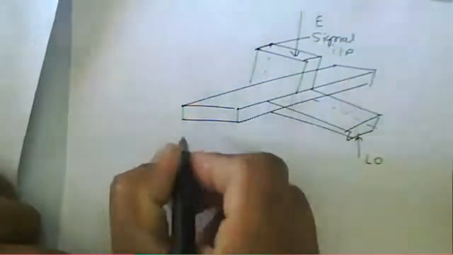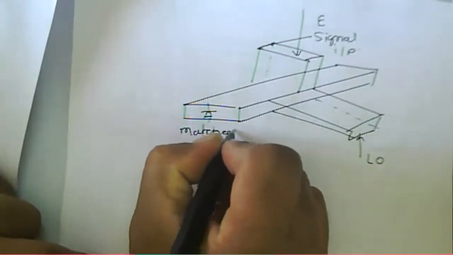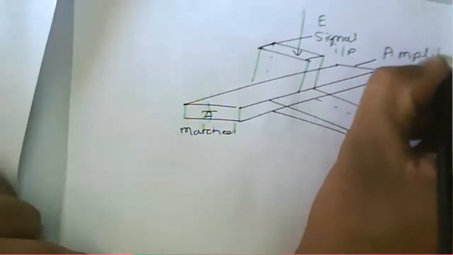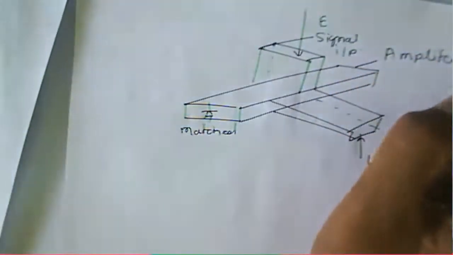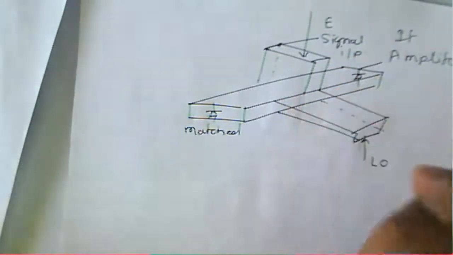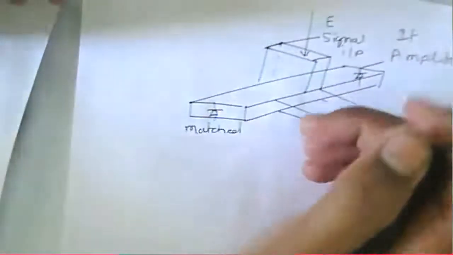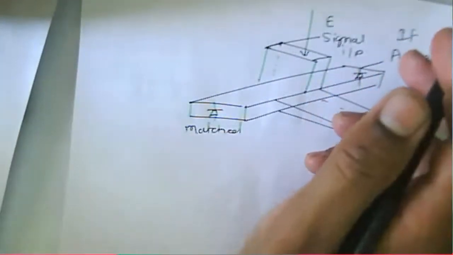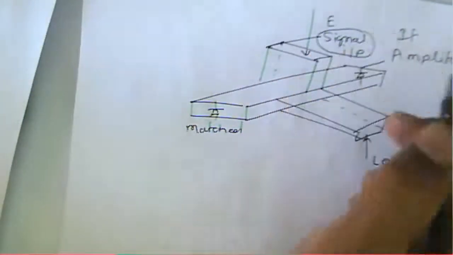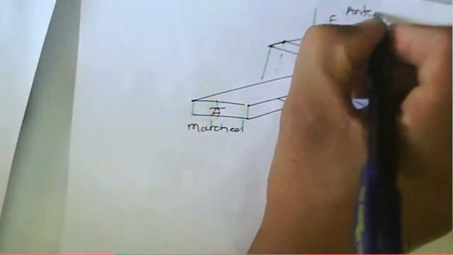Now, if we consider a matched termination here, this arm is to be matched here. So then we can consider an amplifier here. Then we'll get an output, that is the IF amplifier, or we can say we consider that this works as a mixer there, or a balanced mixer there. So here, instead of a signal, suppose an antenna is connected here.